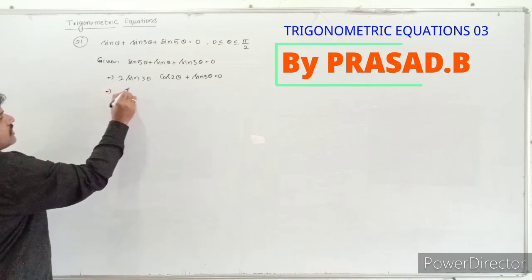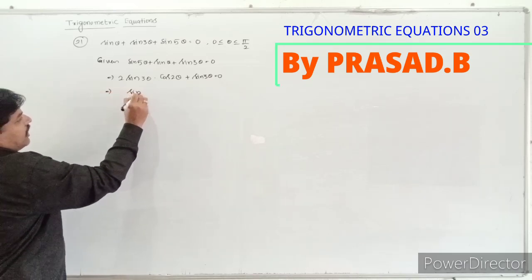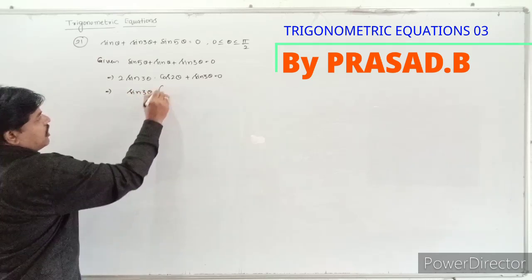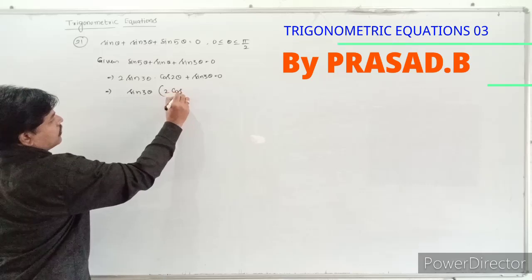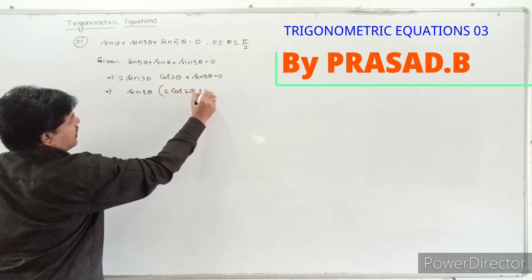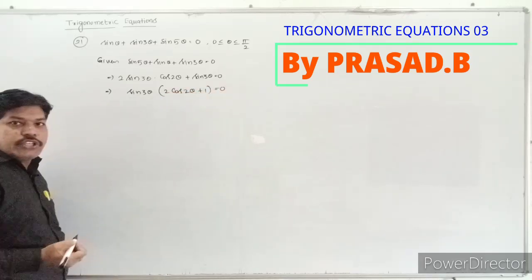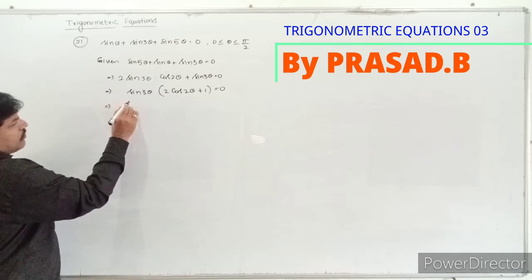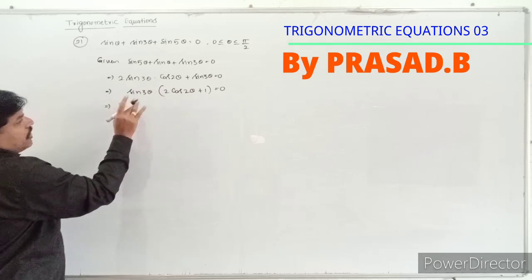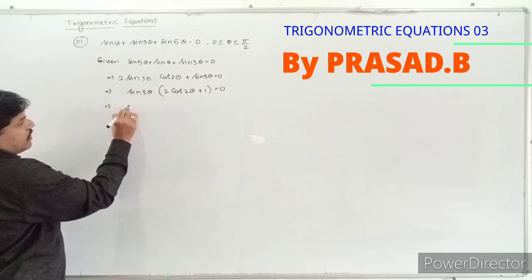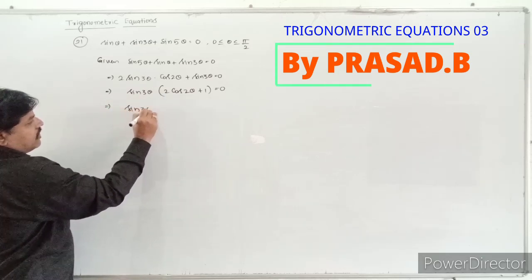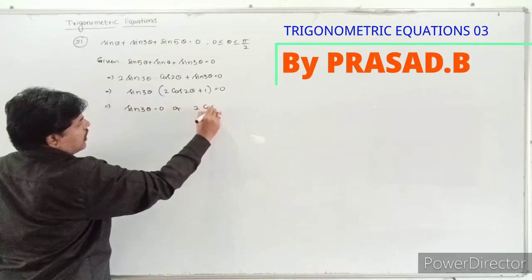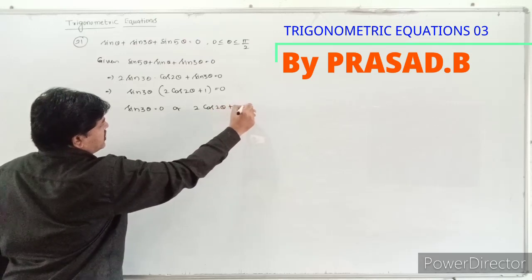So that implies, what term can you take common? I will take sin 3 theta common. So you will get sin 3 theta into 2 cos 2 theta plus 1 equal to 0. So a into b is equal to 0, meaning a equals 0 or b equals 0. That implies sin 3 theta is equal to 0 or 2 cos 2 theta plus 1 is equal to 0.